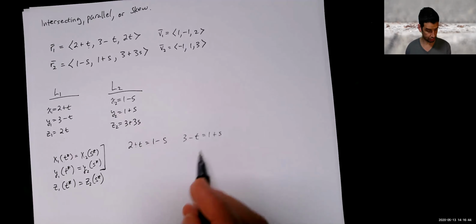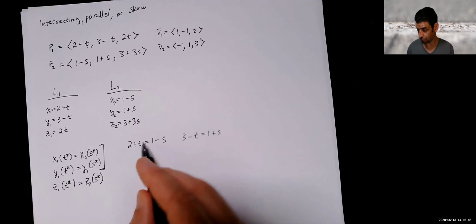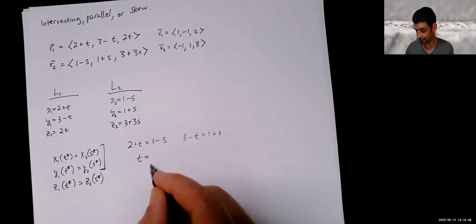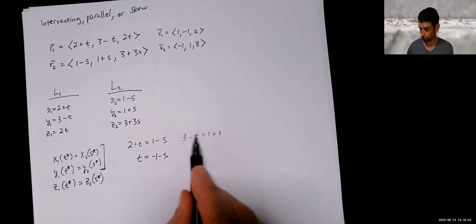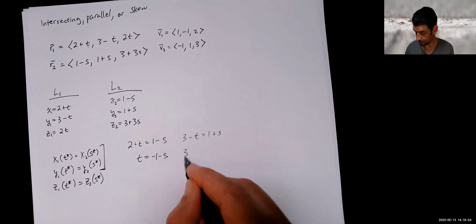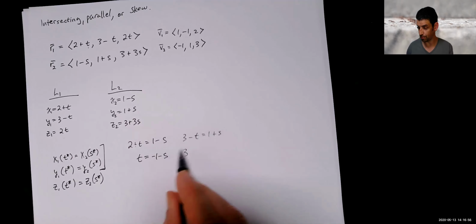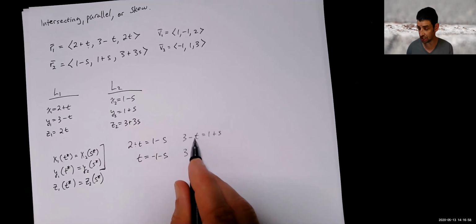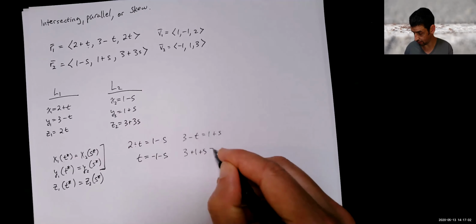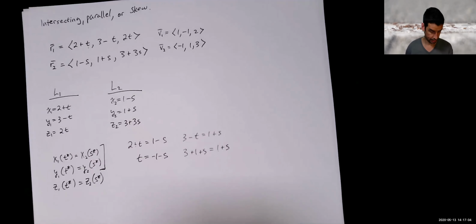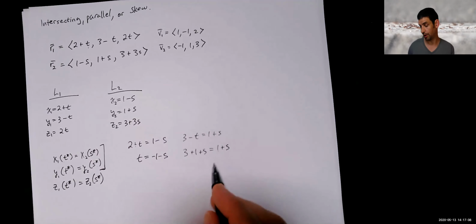I'll use substitution. This one's pretty easy to solve with substitution. From this first equation, I get t equals -1 minus s, which when I put in here, I get 3, substituting -1 minus s in for t. The negative in front makes this +1 plus s equals 1 plus s, right? Well, now look what happens.